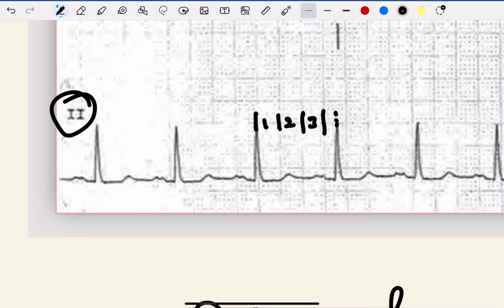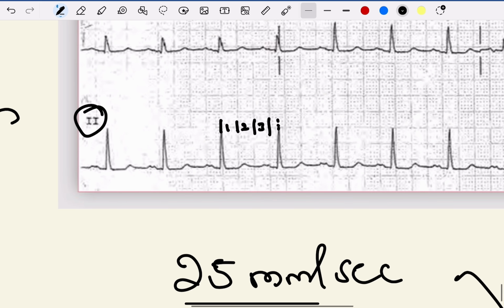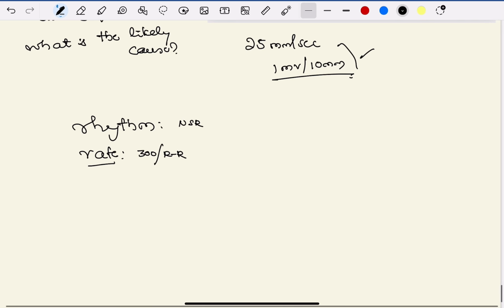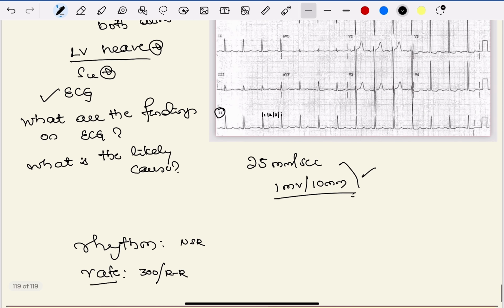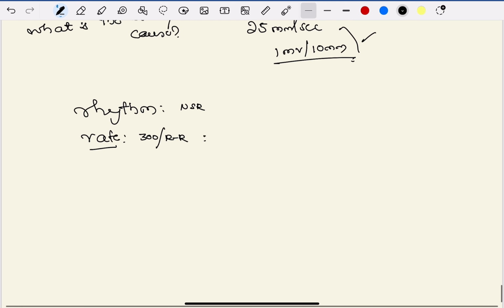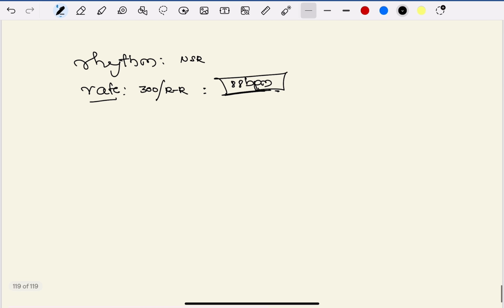It's more than three, which means the heart rate is less than 100. Around 3.5, let's take it as 88 beats per minute. No need to calculate exactly, 300 by 3.5 somewhat.